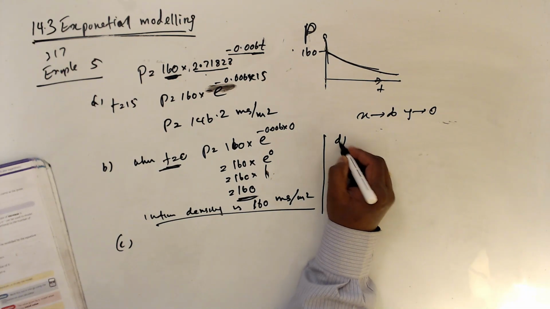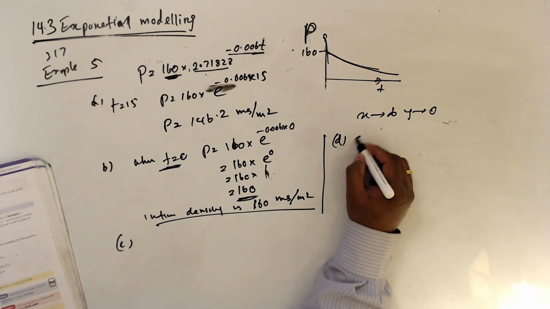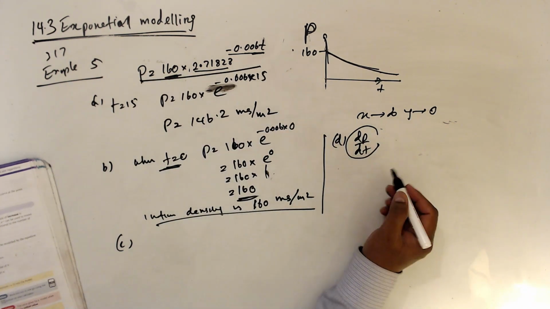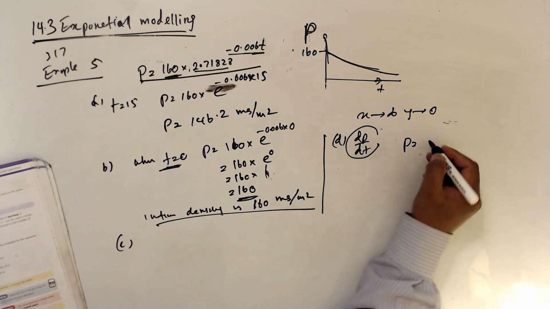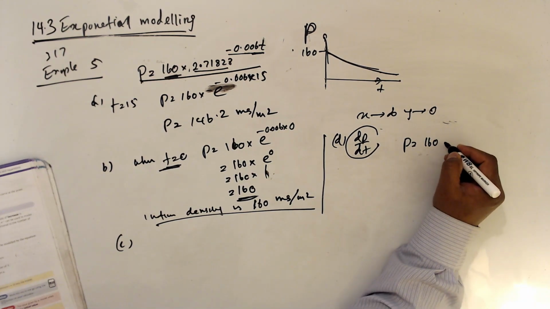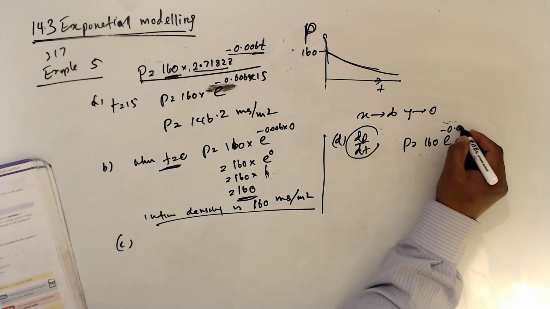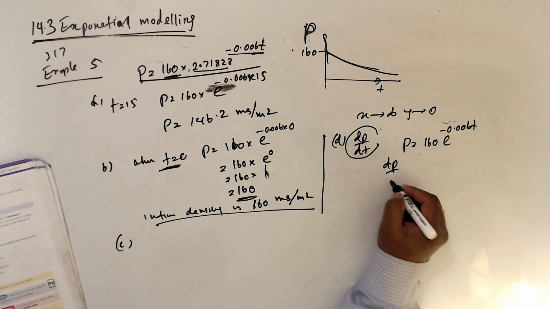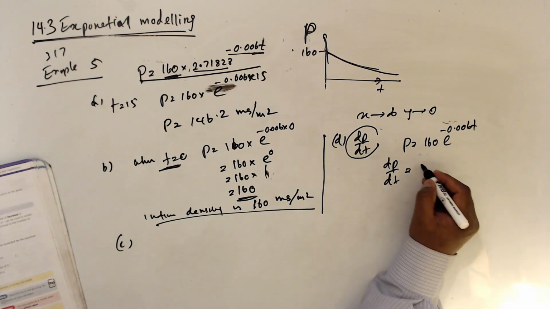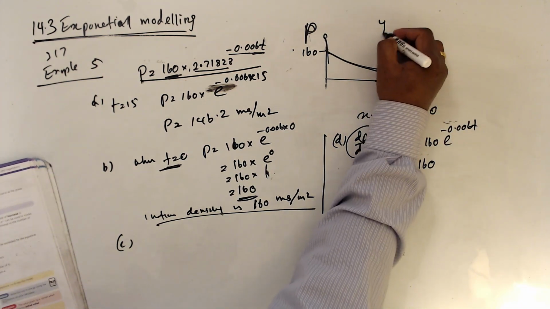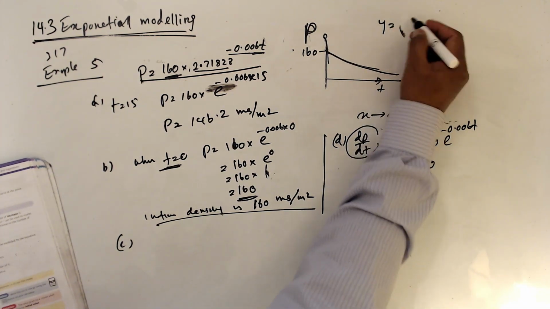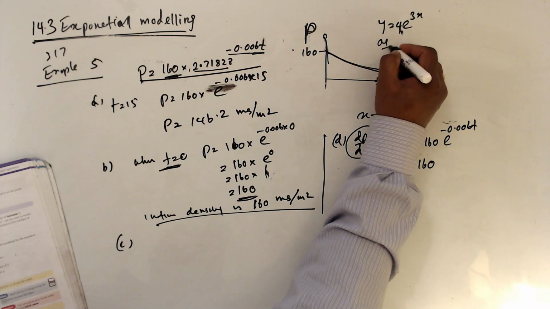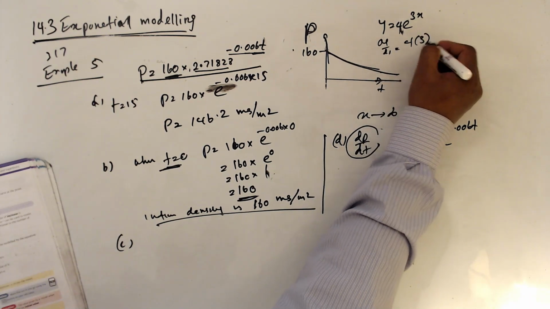Now part C, I can see that dP over dt. It means I want to differentiate this one. So P equals 160 times e to the power minus 0.006t. Then dP over dt is 160. You know, if y equals 4e^(3x), how do you do it? dy over dx is 4 times 3e^(3x).